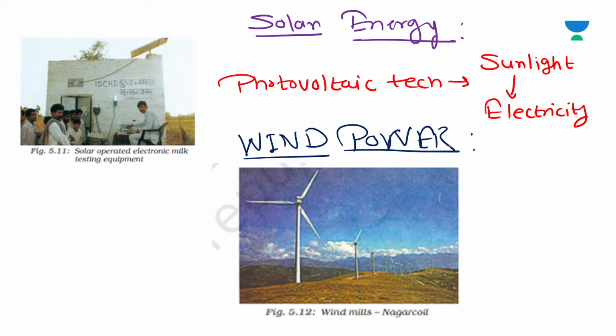Nagarkoil and Jaisalmer are well known for effective use of wind energy in our country. So here is the picture which shows the windmills of Nagarkoil.